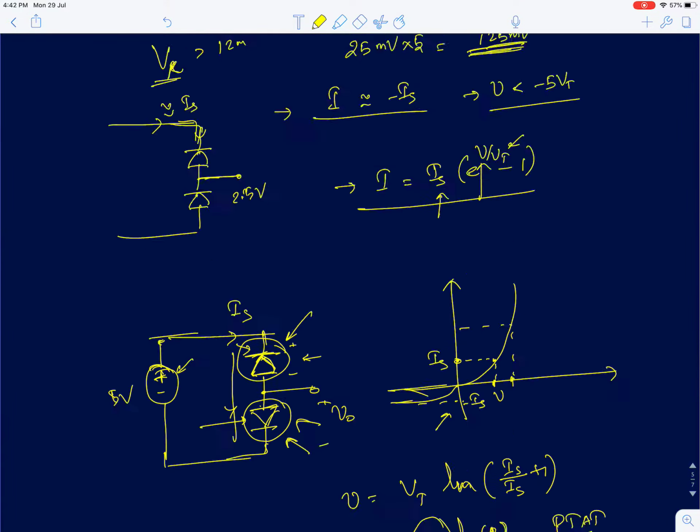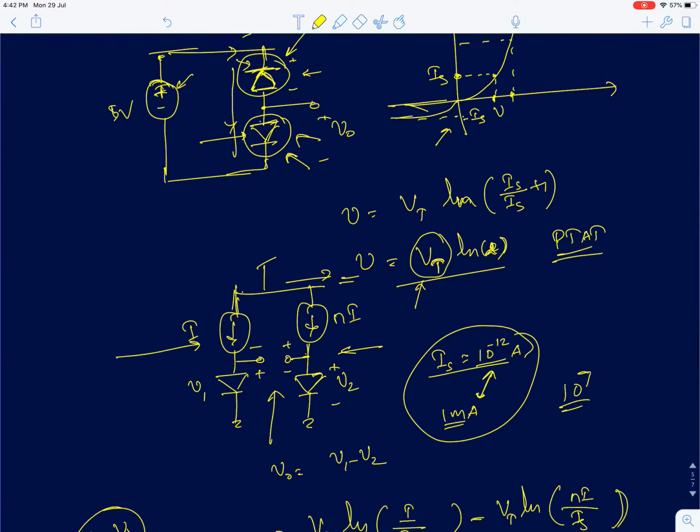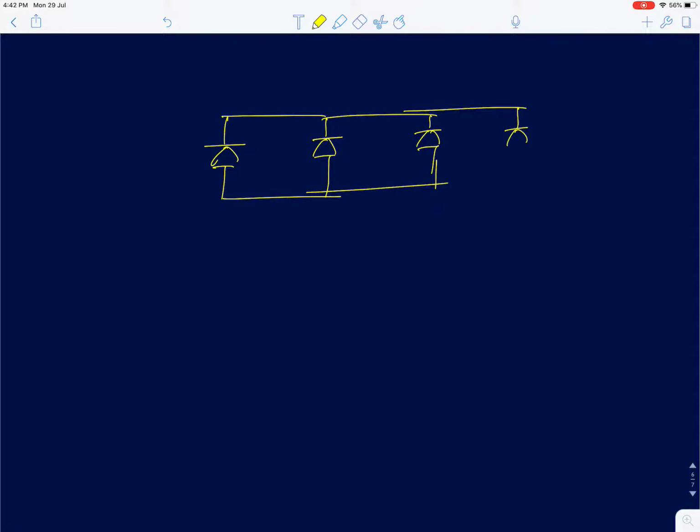I'll go back to the final problem we discussed, which is a very interesting problem. You take n reverse biased diodes, connect them in parallel, and finally connect them through one forward biased diode, and you are supposed to find the voltage across this.